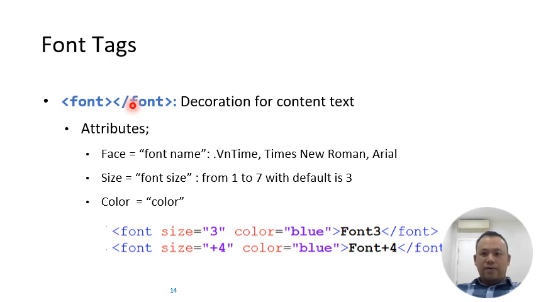However, it is important to note that the font tag has been deprecated in HTML5, and its use is not recommended for modern web development. We should use CSS, cascading style sheets, which is the preferred method for styling text and elements on a web page.